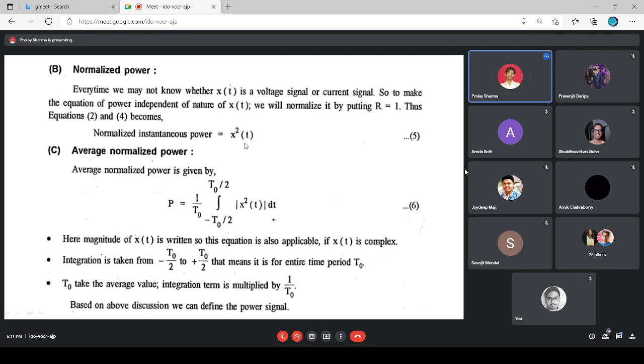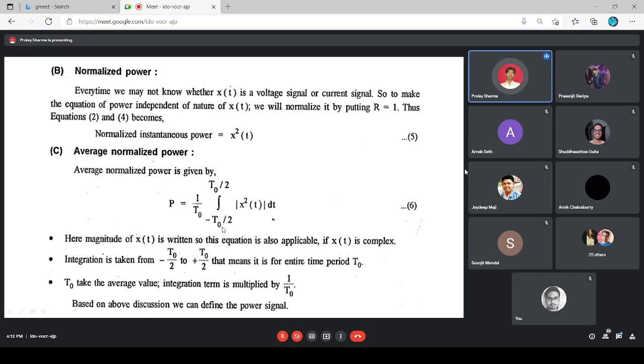Now if we take the average of the normalized power, then the average power can be written as an integration over one time period. If the signal is assumed to extend from minus T by 2 to plus T by 2, so the entire time period we can consider as T0, then the integration is done over one time period, minus T0 by 2 to plus T0 by 2, and it is average.